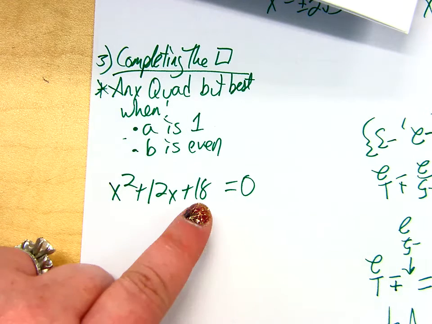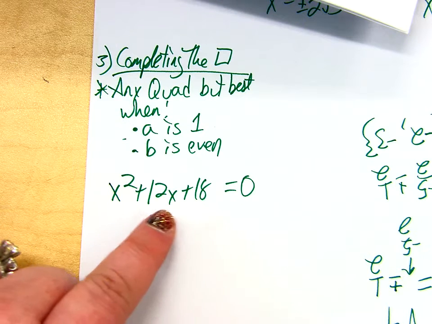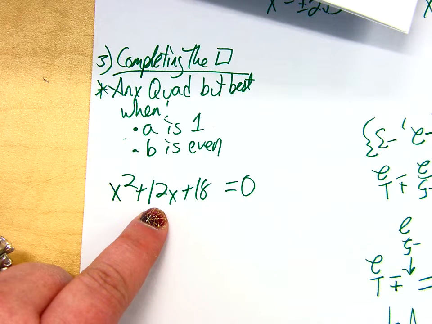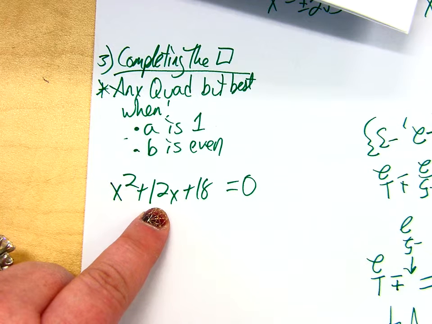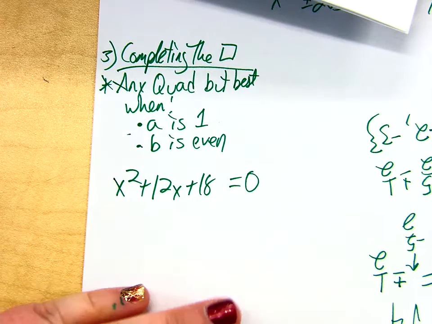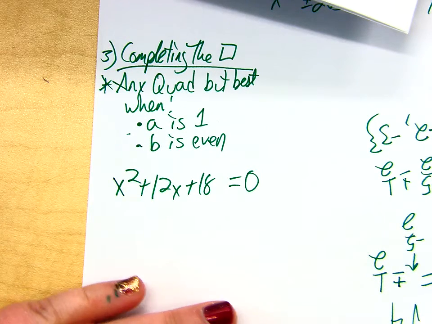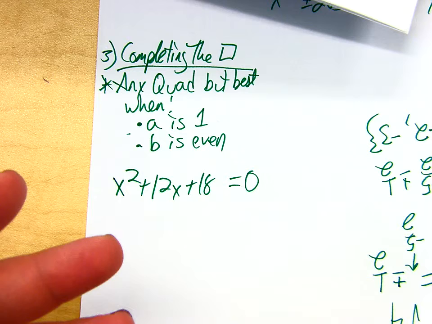Just really quickly, are there factors of 18 that add up to be 12? No, there aren't any. So I can't factor this one. But this would be a great one to do completing the square with. If I could factor it, I'm going to factor it because it's going to save me so much time.